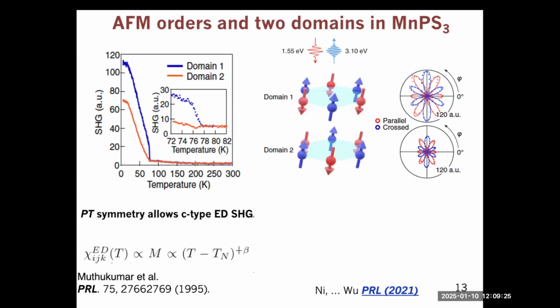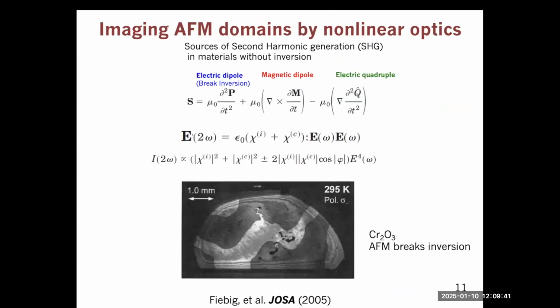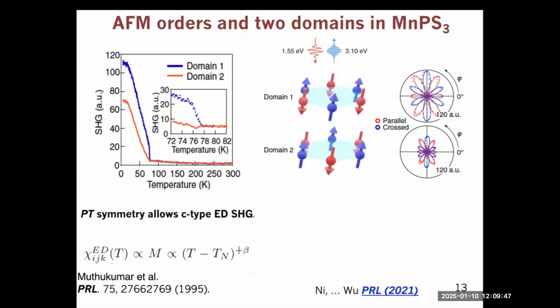Basically, the 10 traces collapse into two groups, and they split at 78 Kelvin. This is a bulk sample. This is the signature of the electric dipole term. This ED is the same as the chi-C term. In the literature, some people call it chi-C, some people call it chi-ED, and some people also call it non-reciprocal second harmonic generation. It's the same thing.